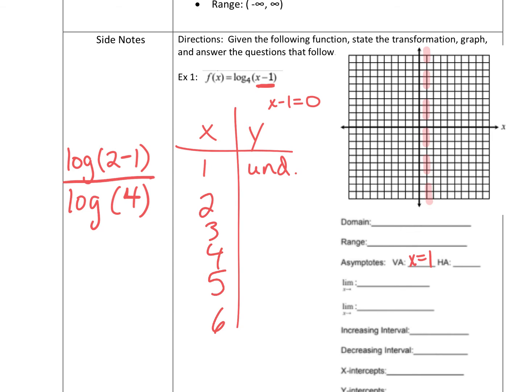All right, let's keep going through this one. When you plugged in 2, what number did you get for y? What about 3? 0.5? 4? 0.79? 5? 1? 6? 1.16, perfect.